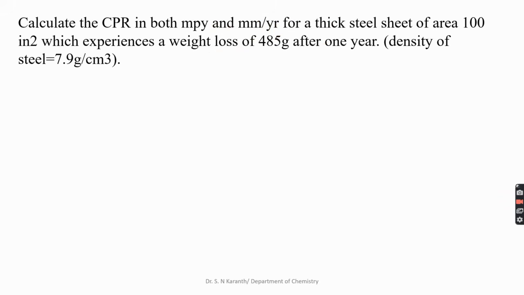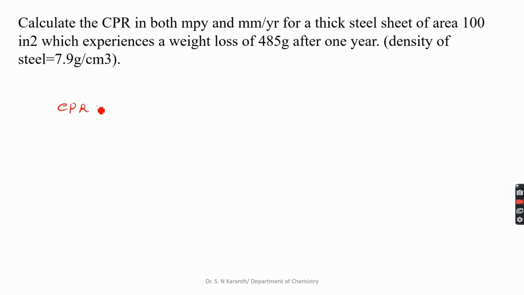Same way, one more thing, we can calculate the CPR in both Mpy and mmpy for a thick steel of area 100 inch square, which experiences a weight loss of 485 gram after 1 year. So in this, you have to calculate the CPR directly in mmpy and Mpy units.